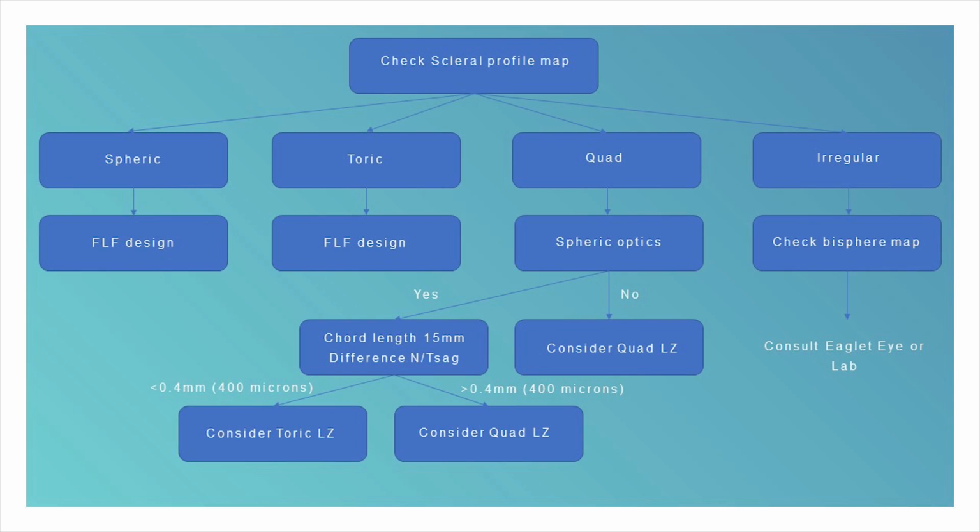This flowchart will help you with all the steps you have to take before you can start using the automated algorithms. What you can see here, if we follow the flowchart, is that at the moment you're finding a spheric shape, so blue rings, you can switch immediately to the first lens fit algorithms.